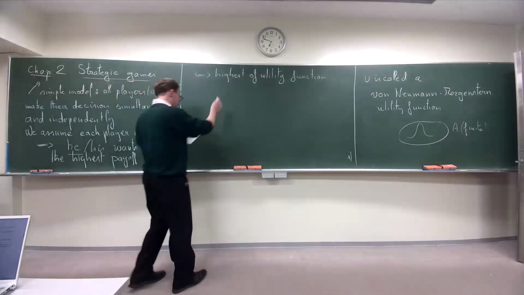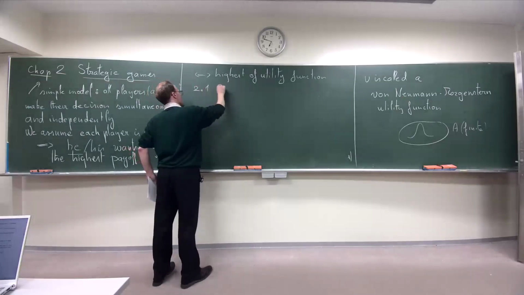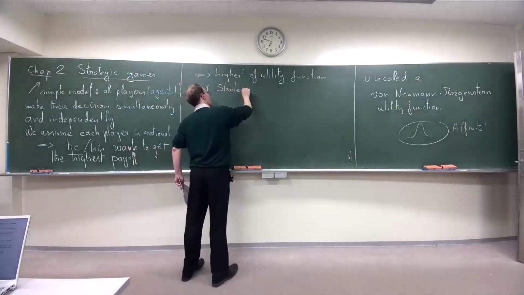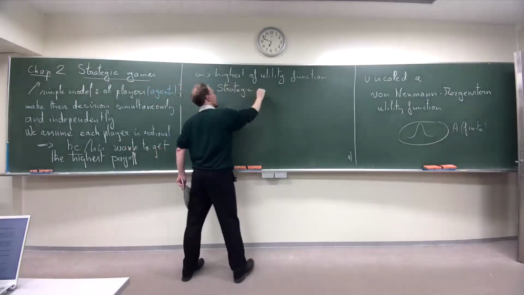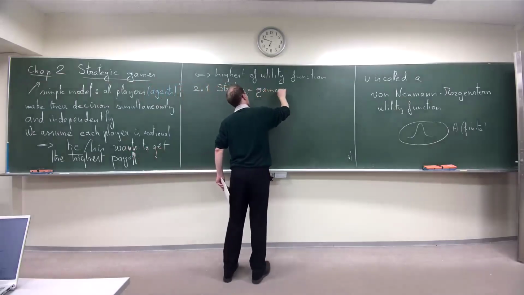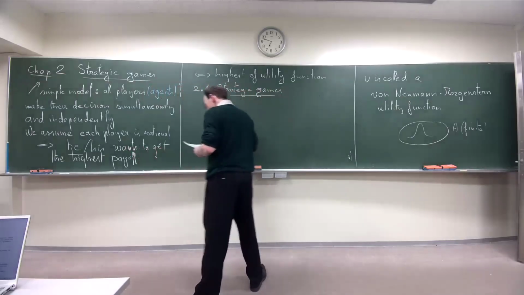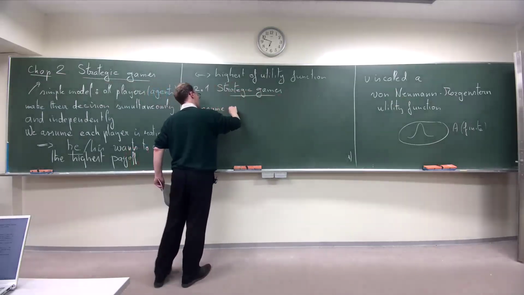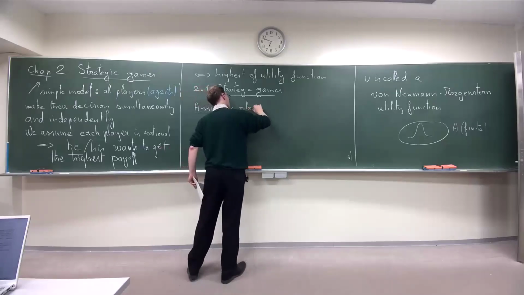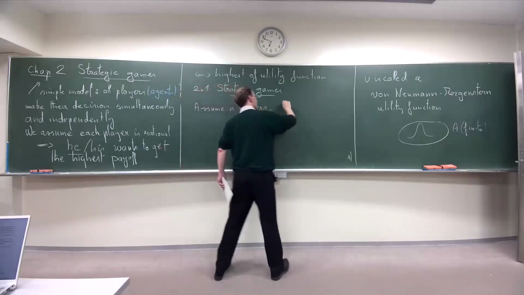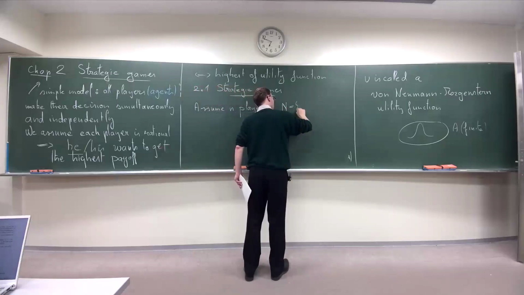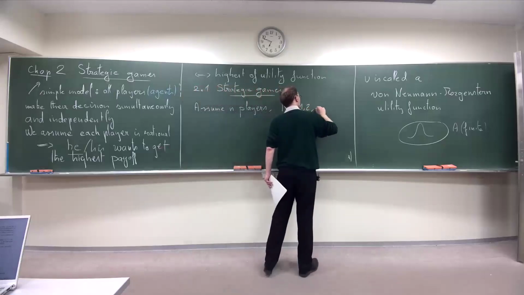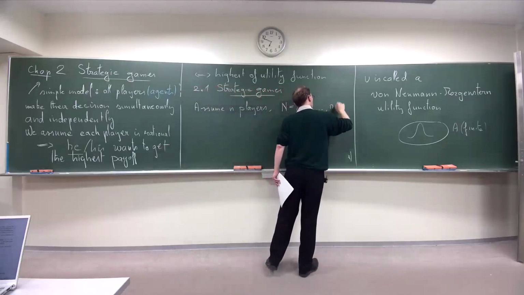So now I need to define what a strategic game is. Okay. We assume that we have n players, and I will denote them by the first one, the second one, up to the nth one.